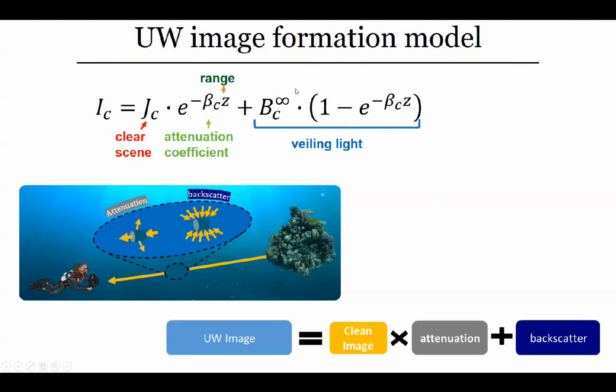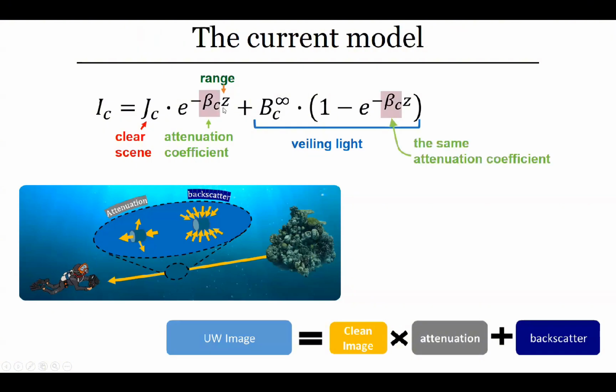And there's this constant here, which is the color of the veiling light, depending on the water. But importantly, what actually governs this equation is this parameter here, which is called the attenuation coefficient.